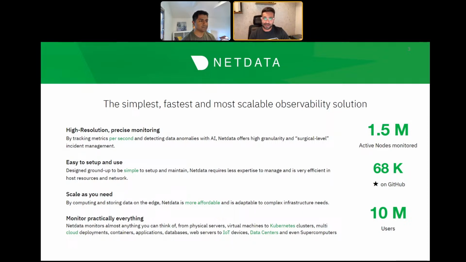That's a very quick overview of NetData. As you can see on the right hand side, we have millions of nodes being monitored as we speak on NetData. We have a huge and vibrant community, which serves the purpose of an open source tool, which is how NetData started. And now it being an enterprise solution, the community still is extremely active and vibrant.